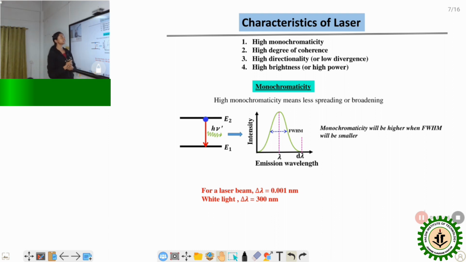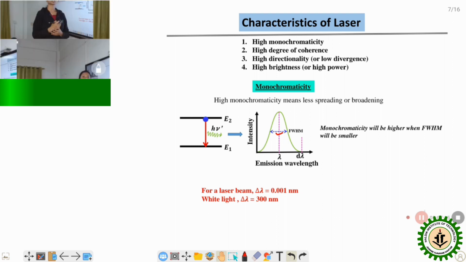Now, what is the meaning of high monochromaticity, or highly monochromatic? This is the radiation coming out in the form of laser, and if we measure it, we get a graph of wavelength versus intensity. This is called the full width at half maximum. For monochromatic light, this full width at half maximum will be close to 0.